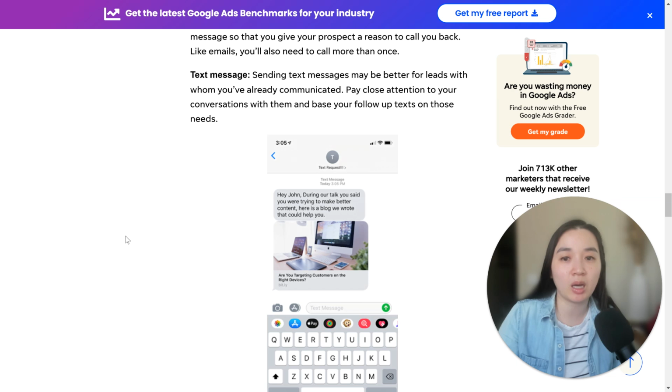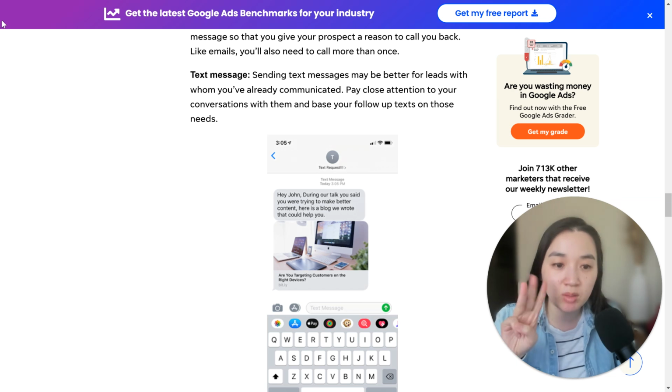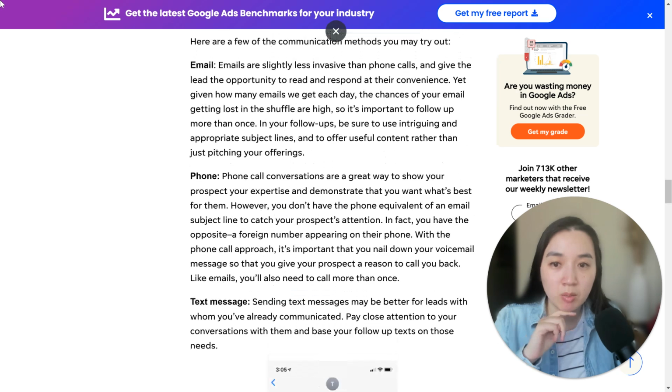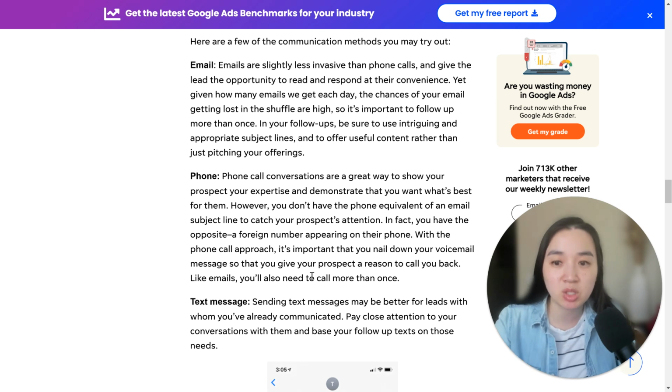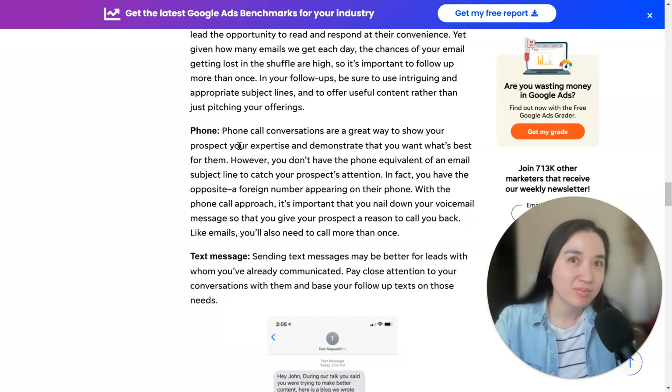I think that using all three of these methods is going to be very important. I don't think that one is necessarily better than the other. Text messages typically don't leave a lot unread. I'll let you know right now, I don't have any unread text messages. On phone, I've probably got like 20 voicemails.